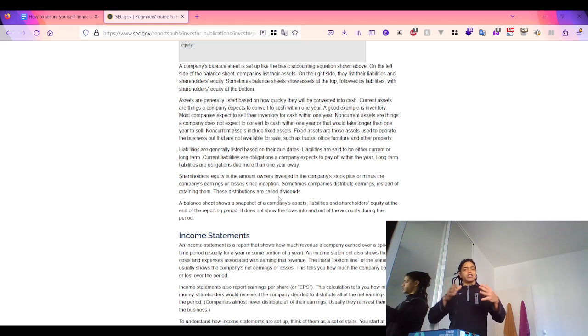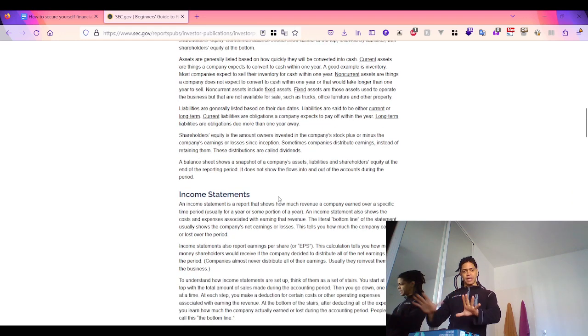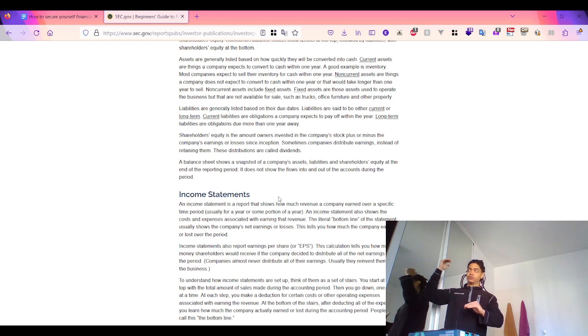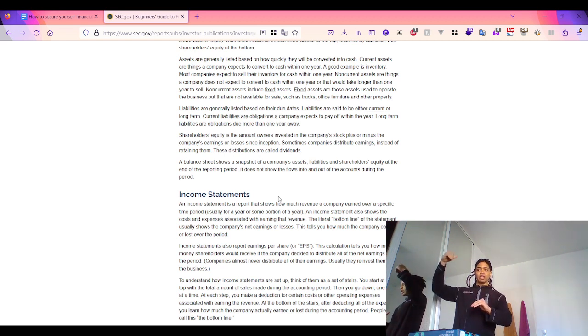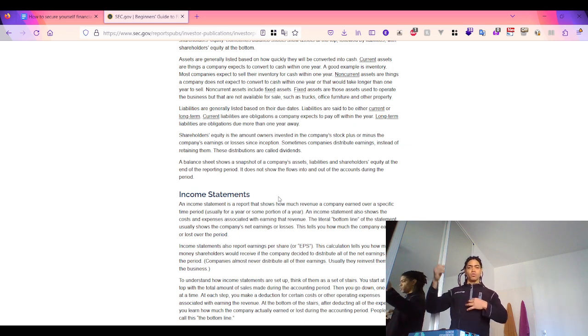Then I look at the income statement, where the bottom line shows you if a company made a profit or not. The sec.gov explains that you can think of this as a set of stairs: you start at the top, and every time you go down a stair, you make a deduction associated with that revenue.